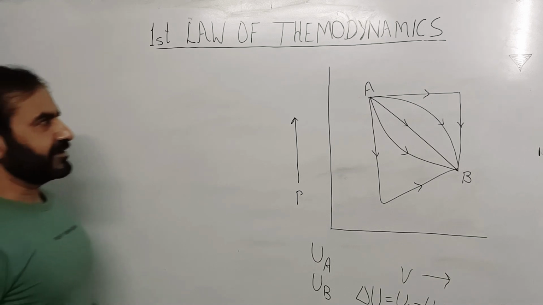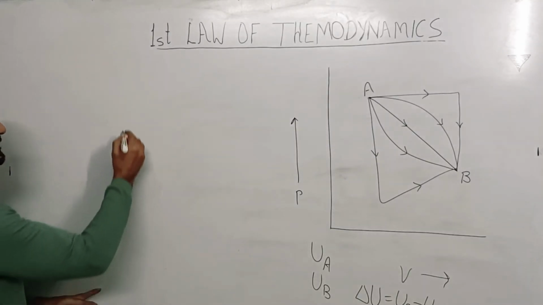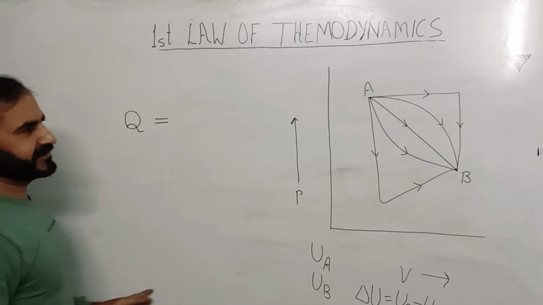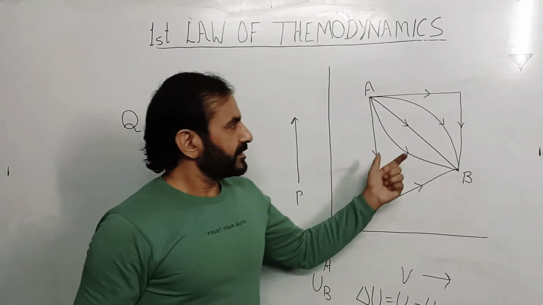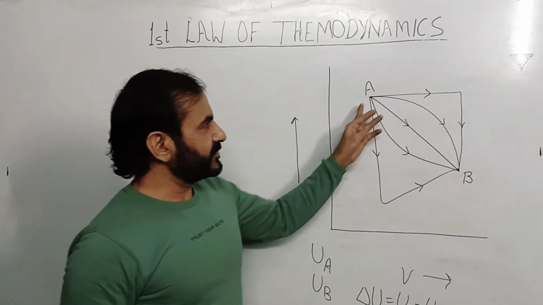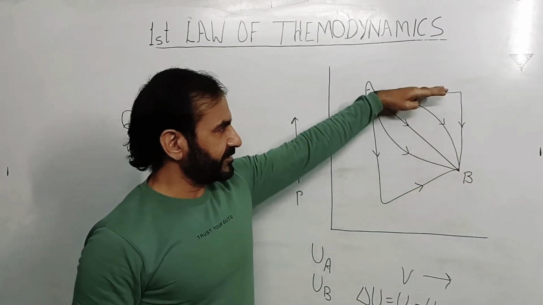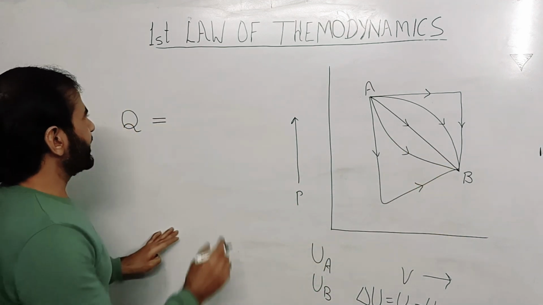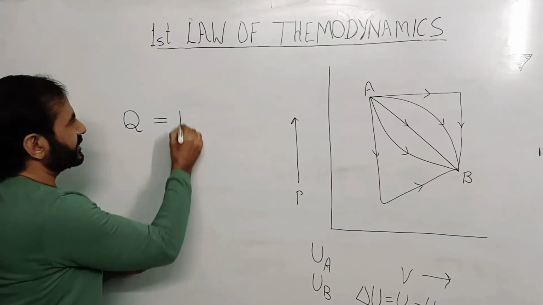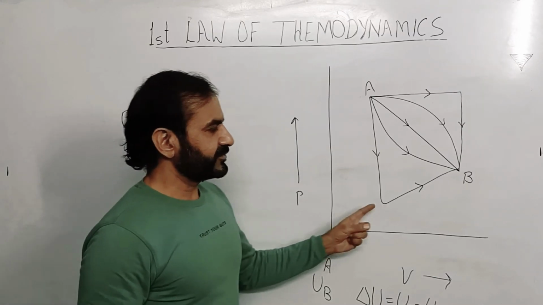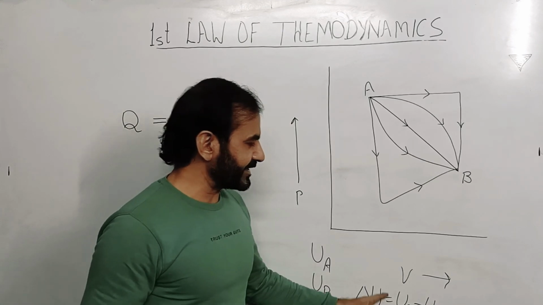Now, if we give Q heat to the system, some part of this given heat will be utilized in doing work, which is given by the area enclosed by the graph with the volume axis. So some part is used in doing work, W, and the remaining part is used in increasing the internal energy.